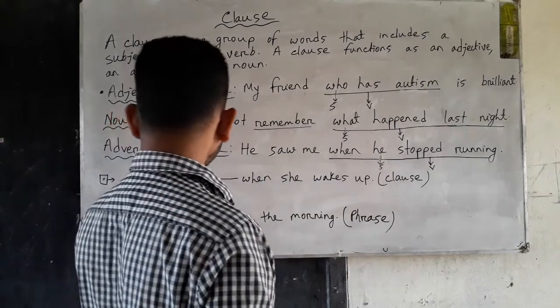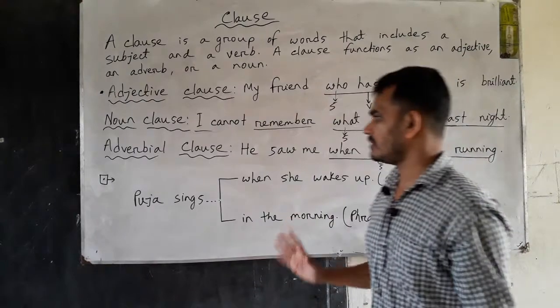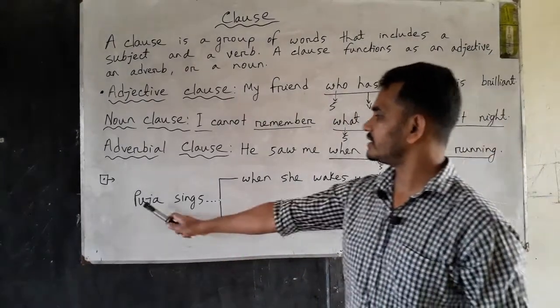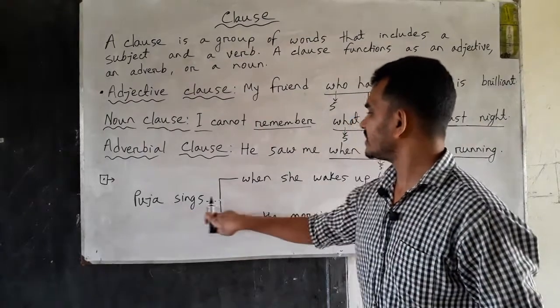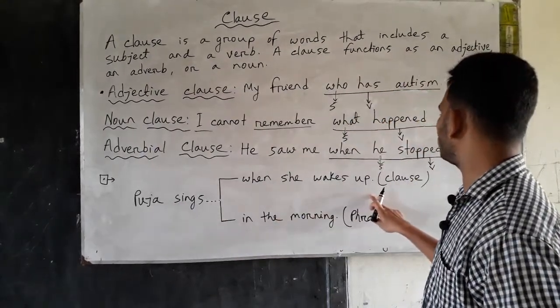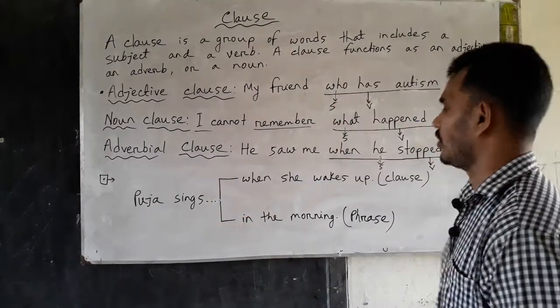Then at the very end I wrote something. Here I wrote Pooja sings. It may be Pooja sings when she wakes up. It may also be Pooja sings in the morning.